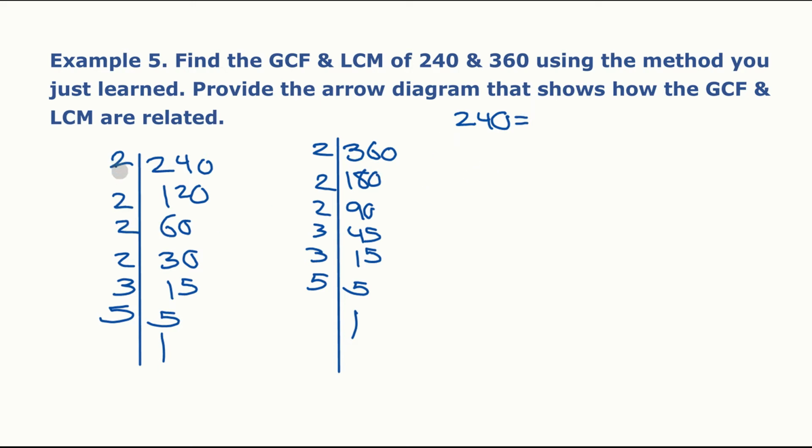And we can see it's going to be 2 to the power of 4 times 3 times 5. Now for 360, we're going to get 2 cubed times 3 squared times 5.